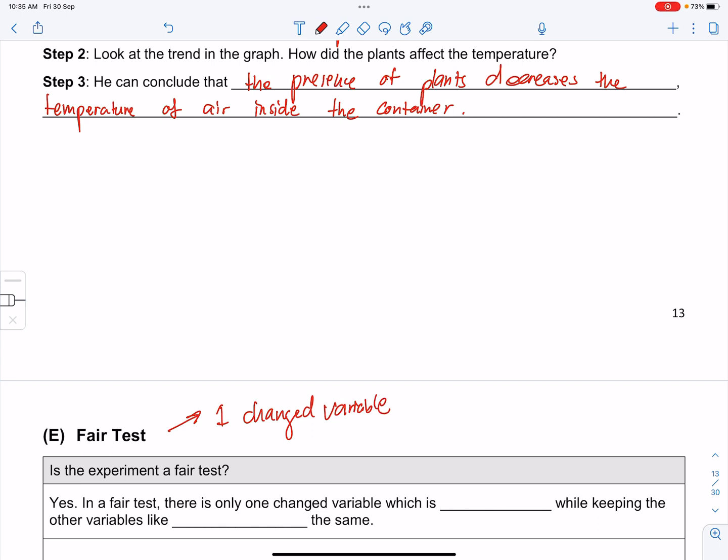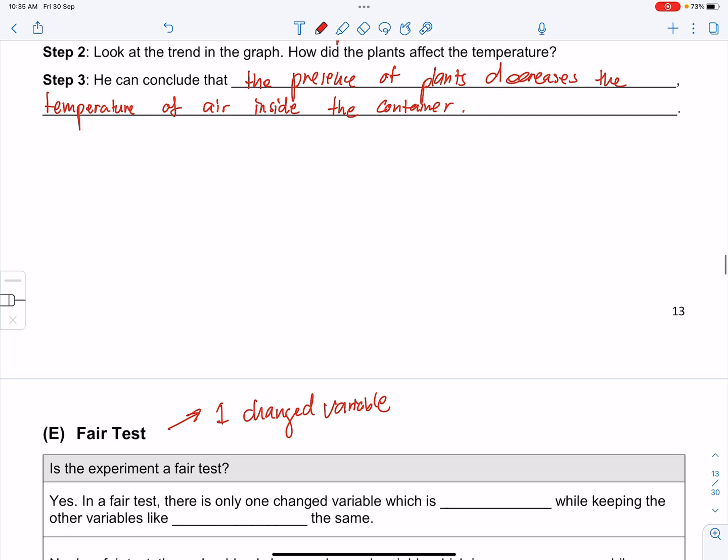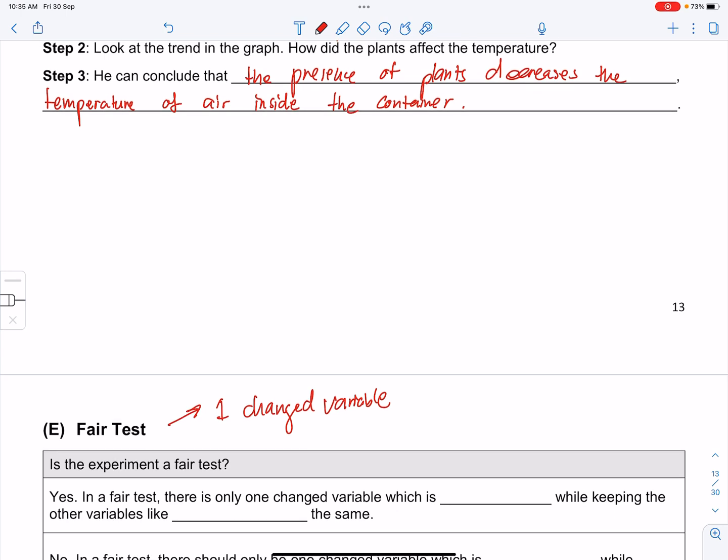However, before I start on this, I want to explain something that is not so straightforward. What students like to do is, whenever they ask why is this a fair test, they will always say, oh, there is only one change variable, so that is a fair test. No. You need to look at the question.